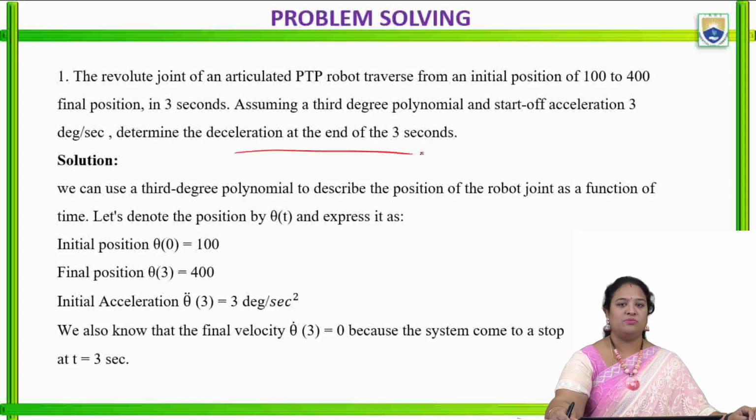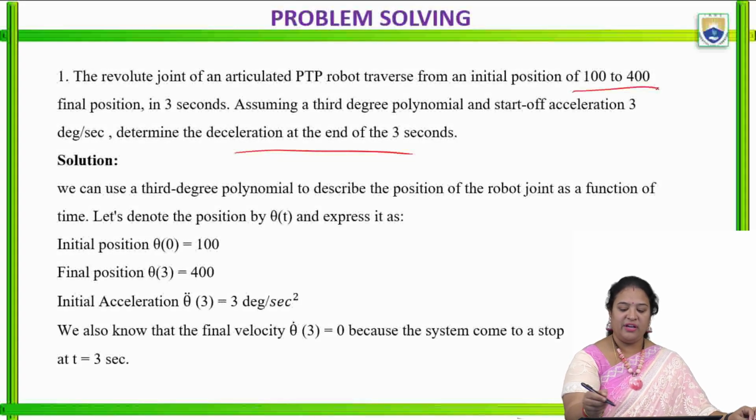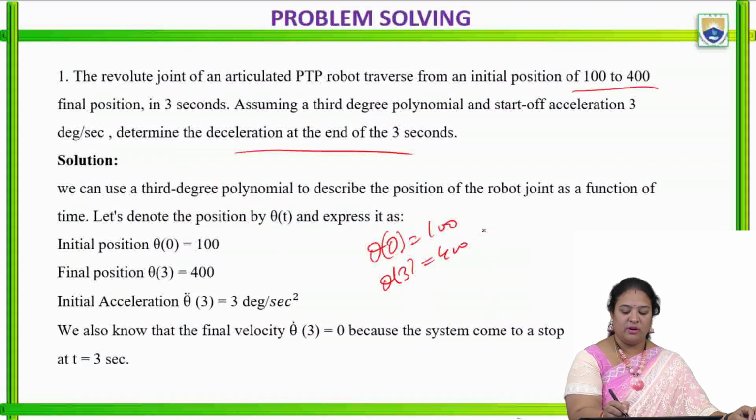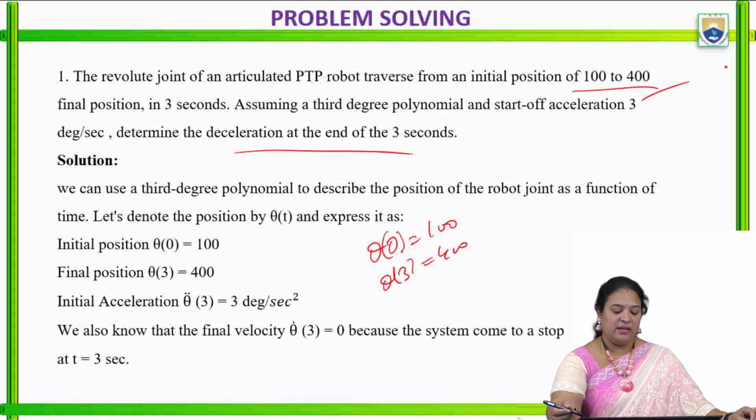So how will we solve this problem? We already know the 3-degree polynomial equation. Assuming that equation, we need to find the deceleration at 3 seconds. Here we have theta 0 equal to 100 and theta 3 equal to 400, as given in the data.